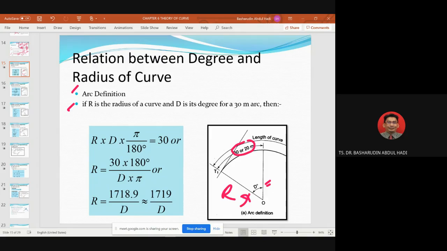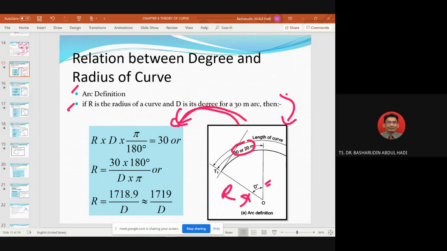Then there is a formula relationship. R times D, radius times the degree for the 30-meter arc, times pi divided by 180 degrees, equals 30 meters of arc length.